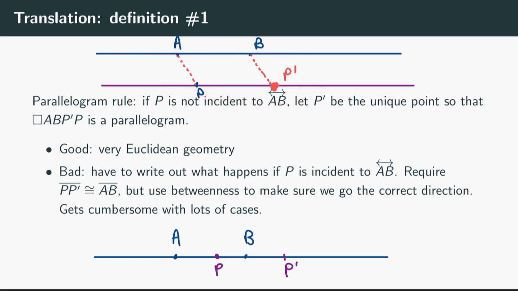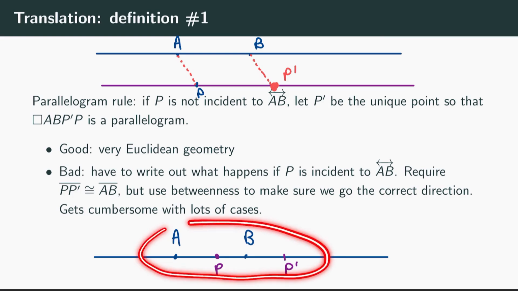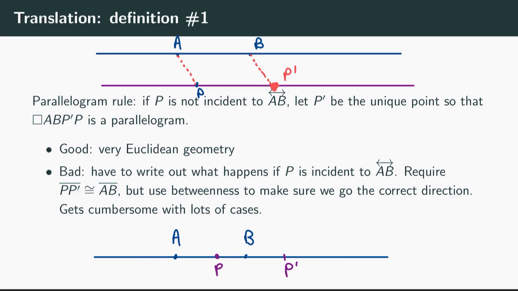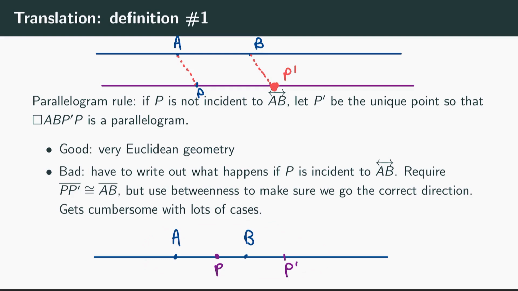When P was not on the line, the parallelogram rule forced which direction to move. Whereas if we're on the line, to talk about moving to the right, we need to start using the betweenness relations. That gets very cumbersome because we need to look at cases about whether P and B are on the same side of A or on opposite sides of A. So you end up with a bunch of cases. It's not too bad, but it is somewhat cumbersome. I think there are like three cases you end up writing down.